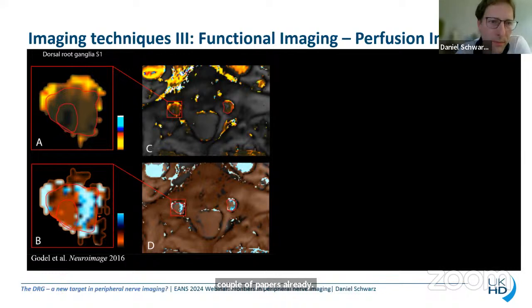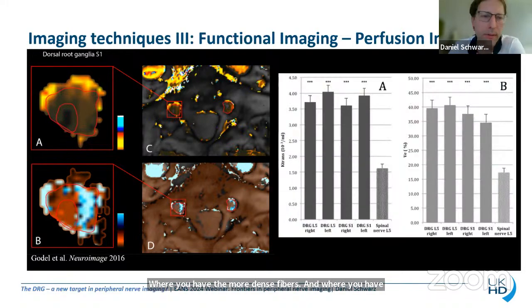Just to show you the concept here, this is the first paper where the perfusion imaging was done in healthy controls, and there you can see the anatomical architecture, which I was talking about earlier: in the periphery of the dorsal root ganglion, you actually get the increased perfusion in contrast to the core, where you have the more dense fibers and where you have, again, the blood nerve barrier.